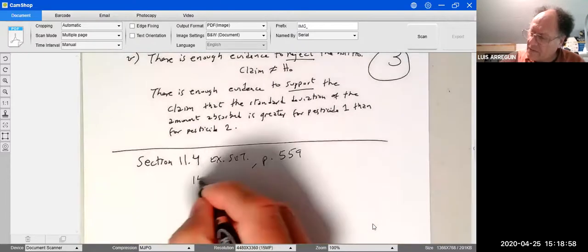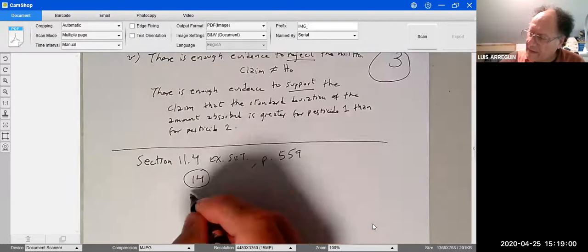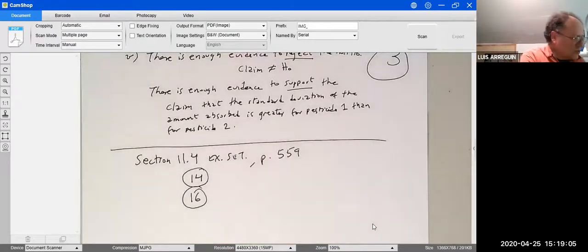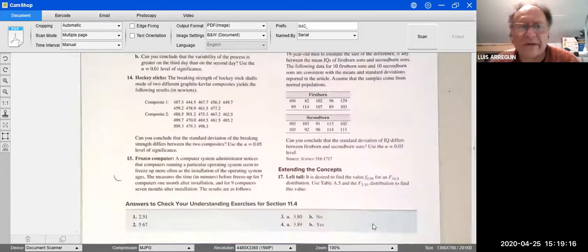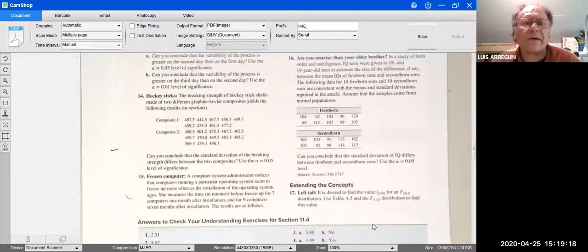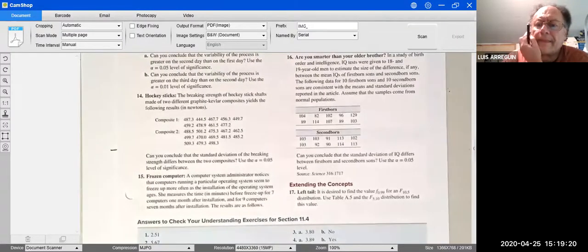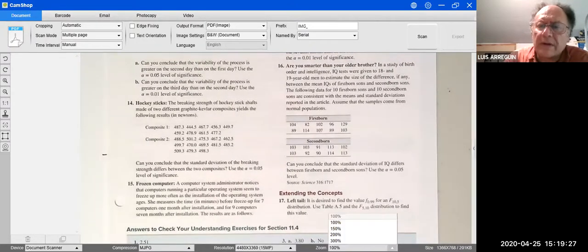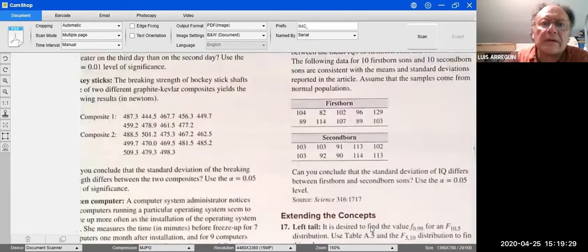You're going to solve problems 14 and 16. So I'm going to show you now the problems just in case you don't have your book with you. So you just need to check these problems directly from the screen. So I have here problem 14 and problem 16. So let me zoom in.